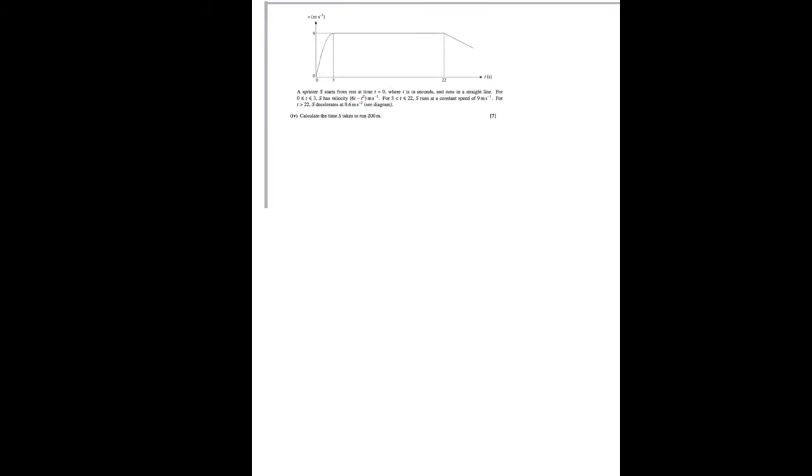In this part of the question, we need to calculate the time required to run 200 meters. From previous parts of the question, we know that during the first 3 seconds a distance of 18 meters is covered. We will next proceed by calculating the distance covered between the times t equals 3 seconds and t equals 22 seconds.